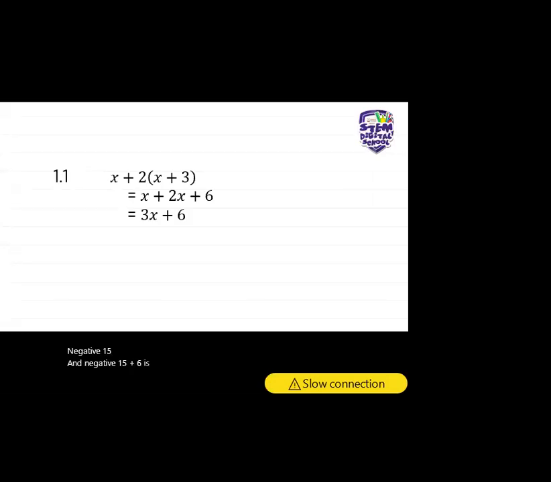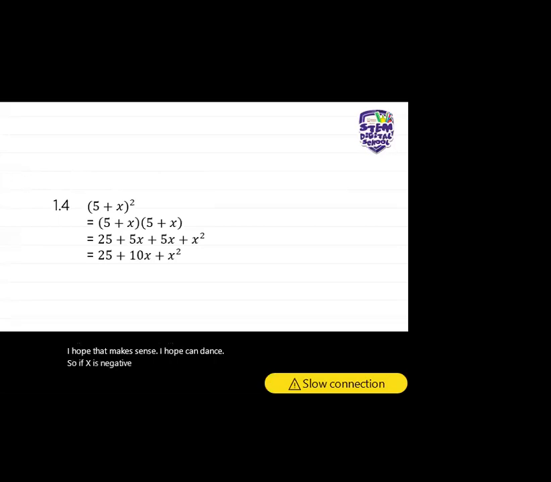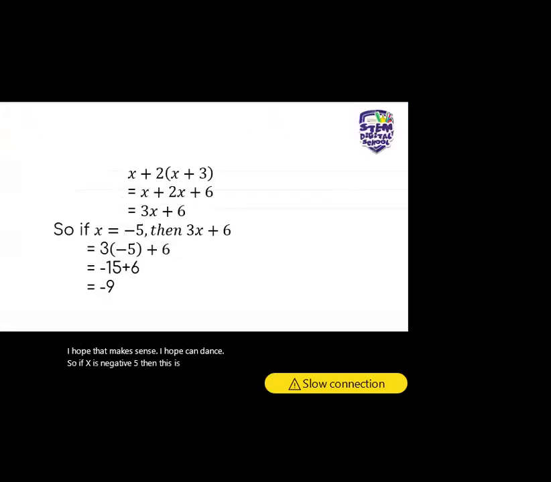Remember that you can't subtract a bigger number from a smaller number without getting a negative number. I hope that it makes sense. So if x is -5, then this is how you'll proceed. Remember that we have just done it there.